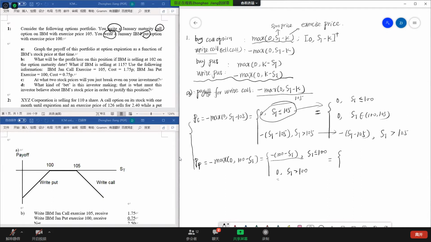And we rewrite the payoff of the put option into 3 parts: this when the stock price is smaller or equal to 100, 0 when the stock price is between 100 and 105, and 0 when the stock price is larger than 105. Here we divide this into 2 parts.